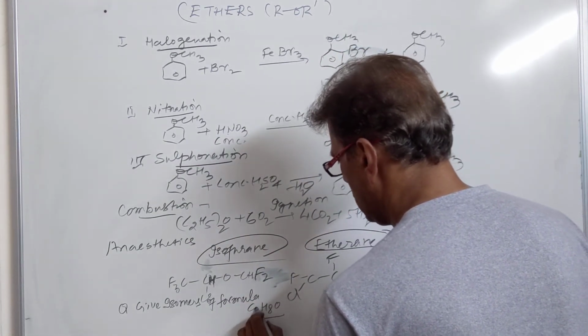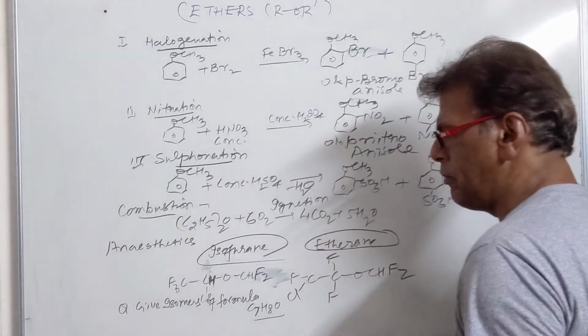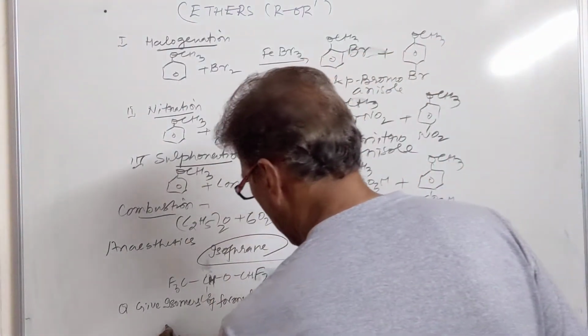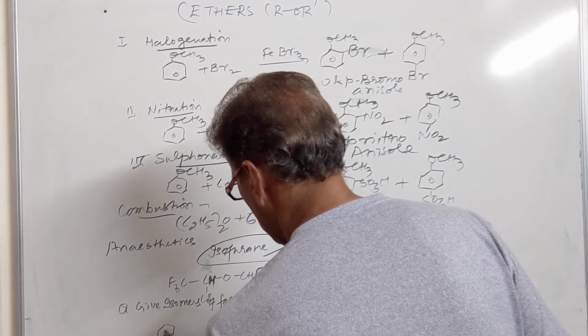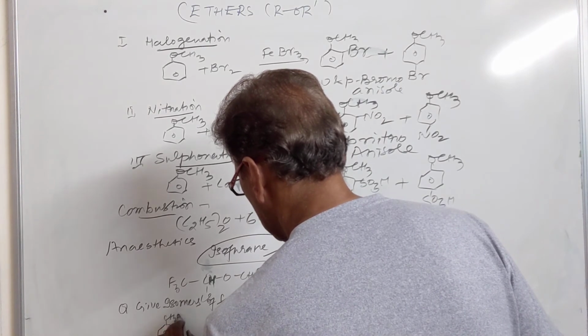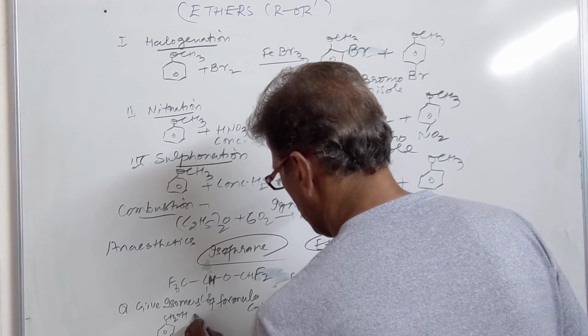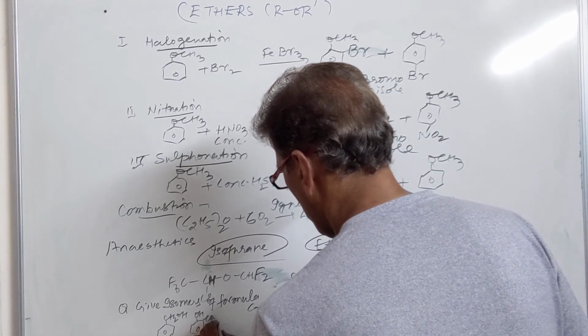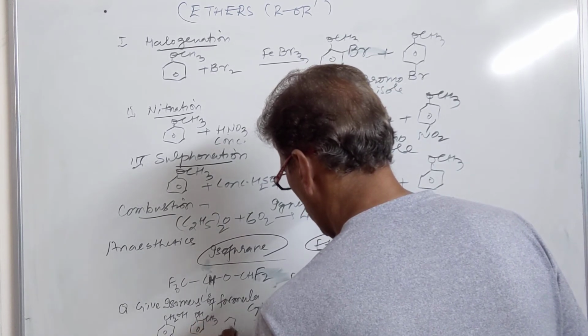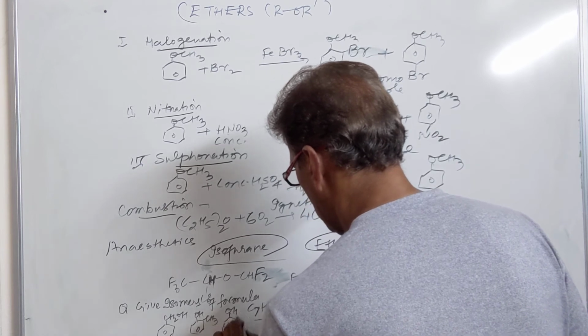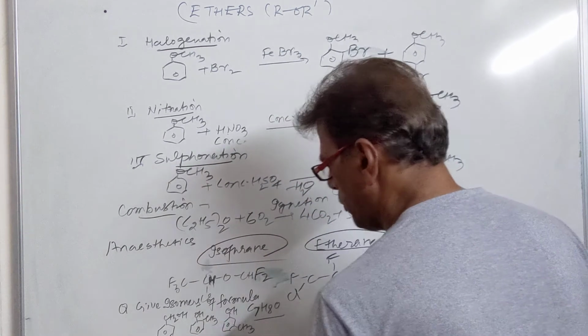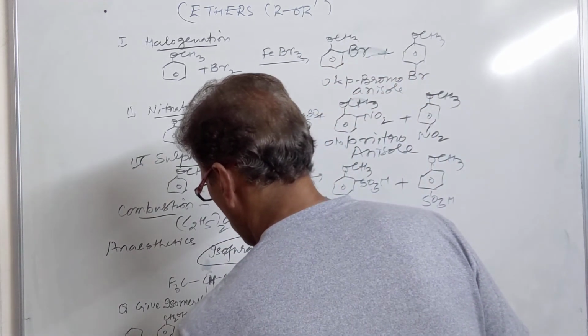C7 means 6 carbons will go in the benzene ring. So we can have the isomers with 6 carbons in the benzene ring. First is benzyl alcohol. We can get orthocresol, metacresol, paracresol. All of these structures have the same number of carbons.